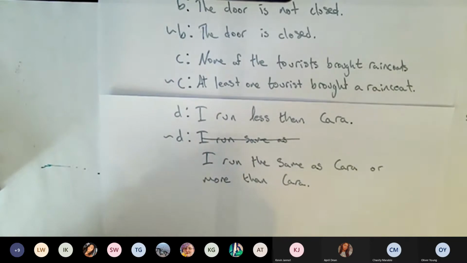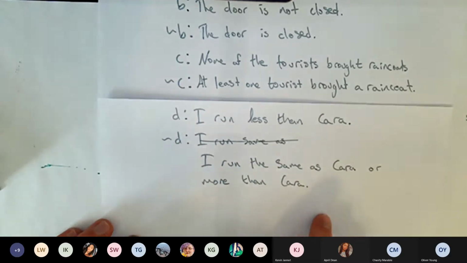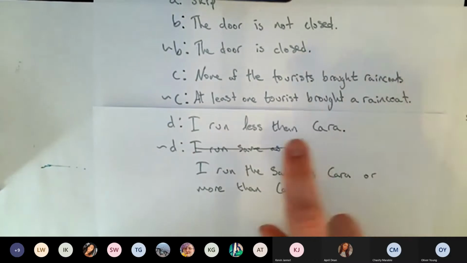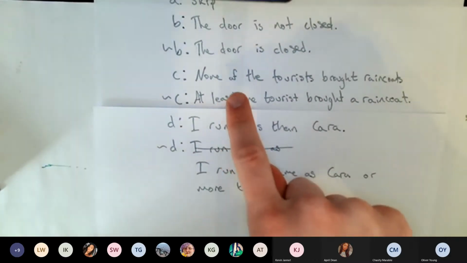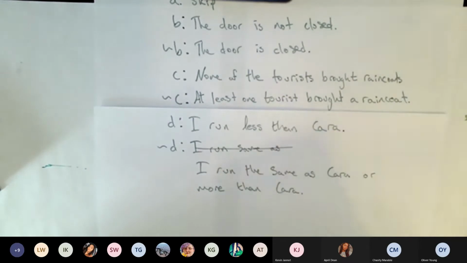So again, your instinct is partially right. I'm assuming most of y'all's instinct would be just to say I run more than Kara. So just like earlier, when Kevin said that his instinct told him the negation of none would be all, it's partially right, but there are cases that we need to consider.